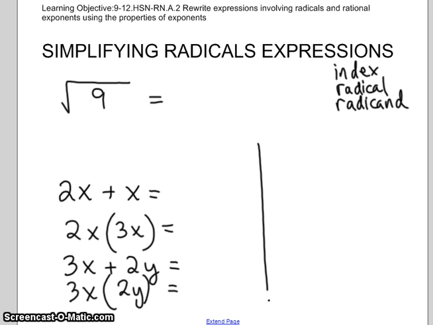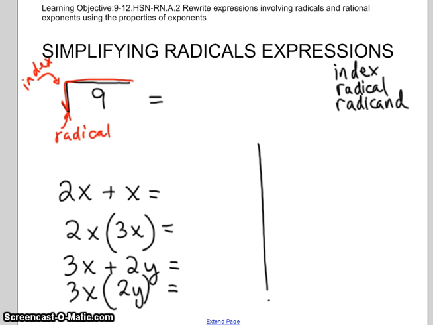All right, now there's certain parts to a radical. There is the radical itself, the radical sign. And then there's usually sometimes a number here that's called the index. Now if there's no number there, the index is automatically 2, which means square root of 9.